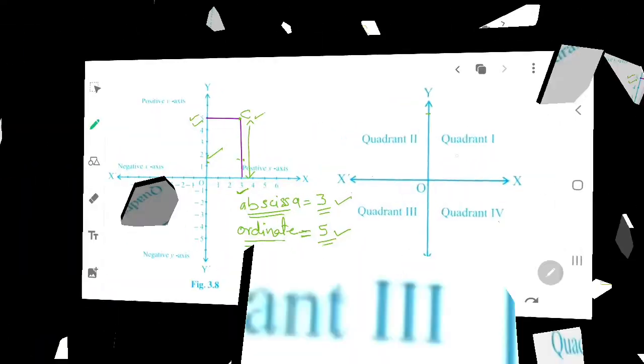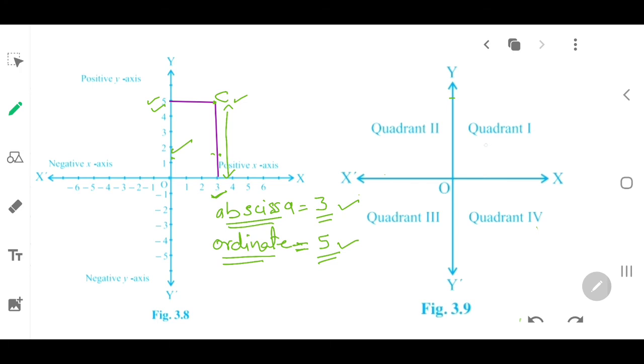So students, as you know, a Cartesian plane is divided into 4 parts. Each part is known as quadrant. Correct? So quadrant 1, 2, 3 and 4. Now here from O to X it will be of positive values. So here you will find all the positive values.